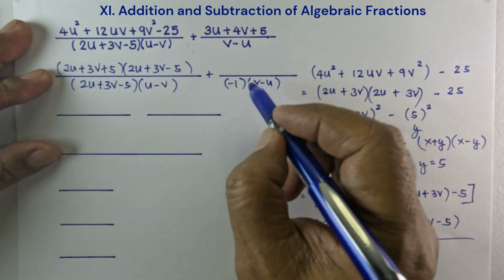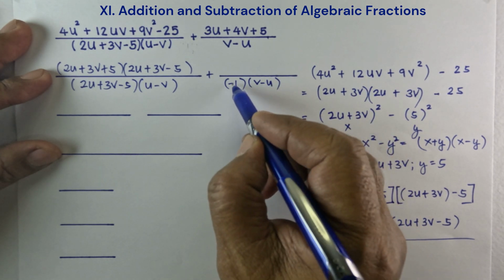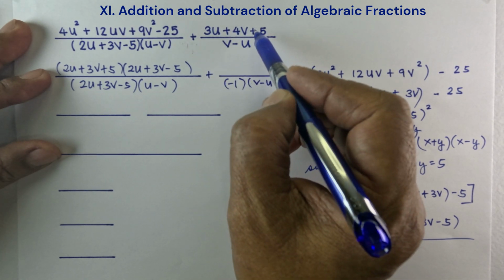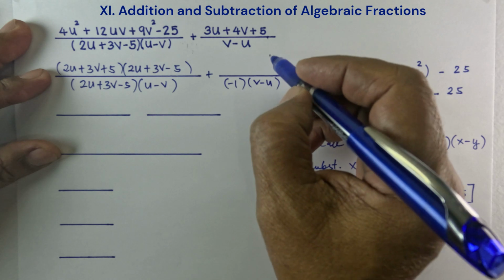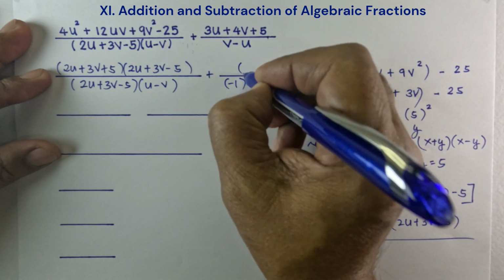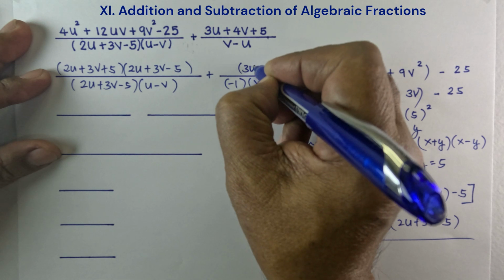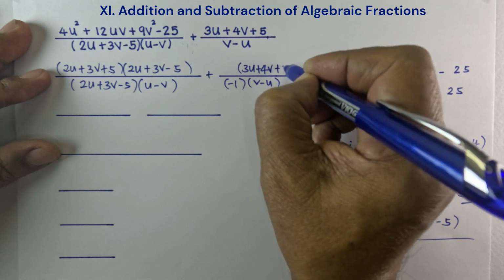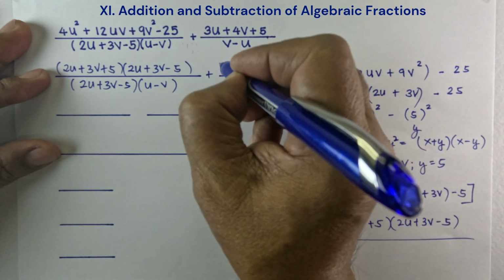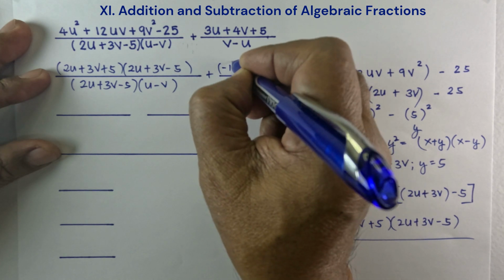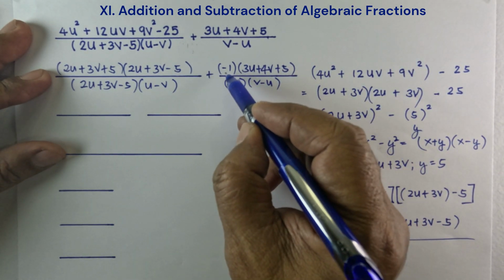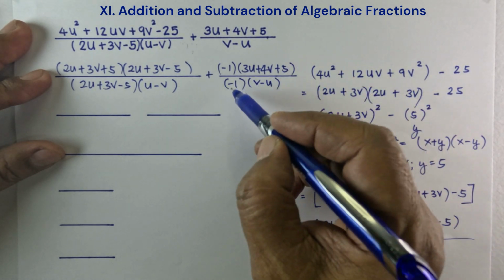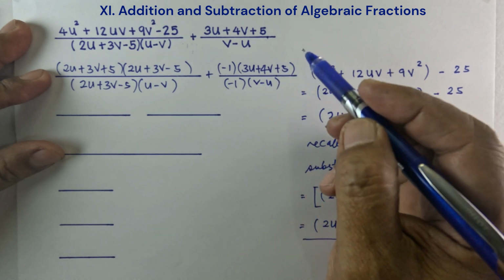And likewise, to compensate for that, we need to multiply the numerator by minus 1 as well. So I'll write here 3u plus 4v plus 5. I'll multiply this by minus 1. So that minus 1 over minus 1 is 1. That will not affect the value of the original fraction.